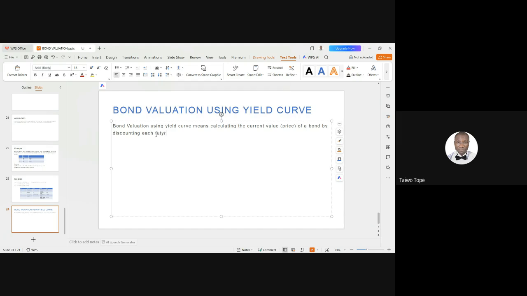The formula Mr. Emmanuel put forth the other day, this is where I'm planning to use it. Discounting each future cash flow, that is using the interest rates appropriate for its maturity.